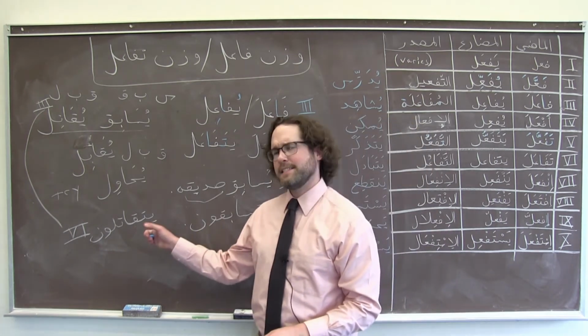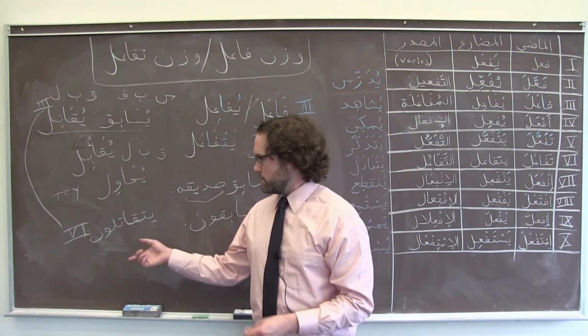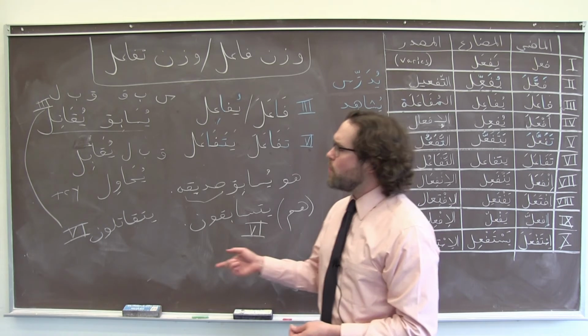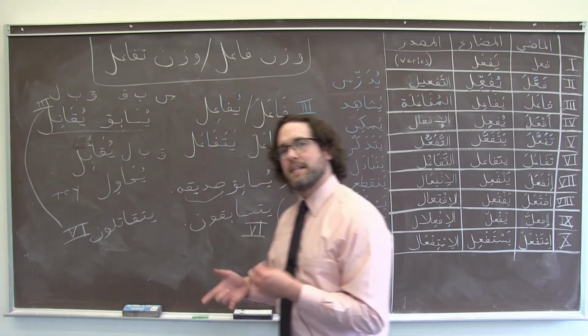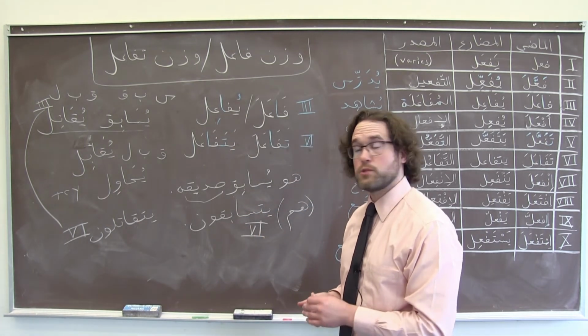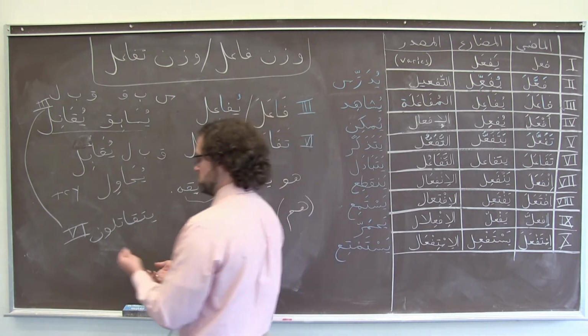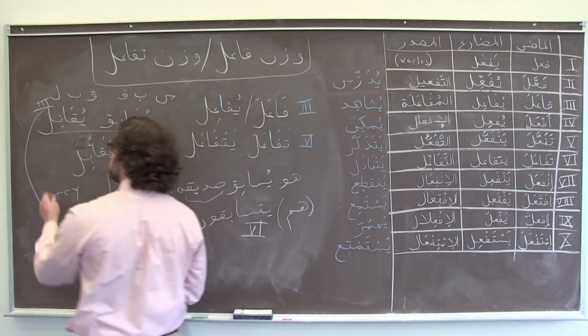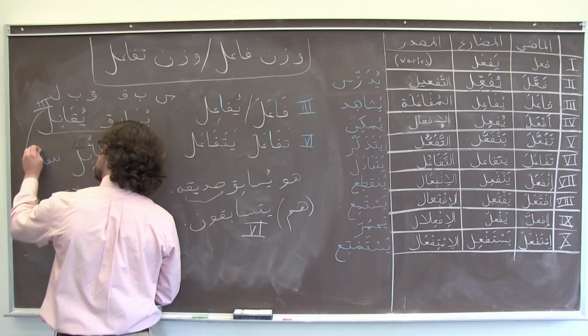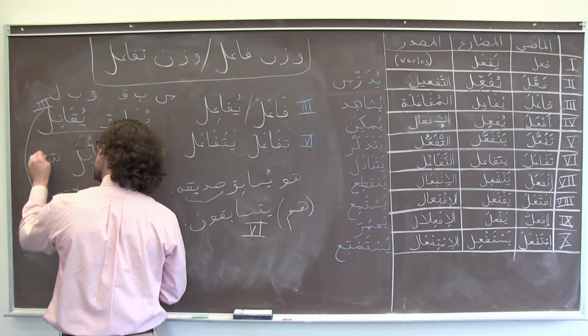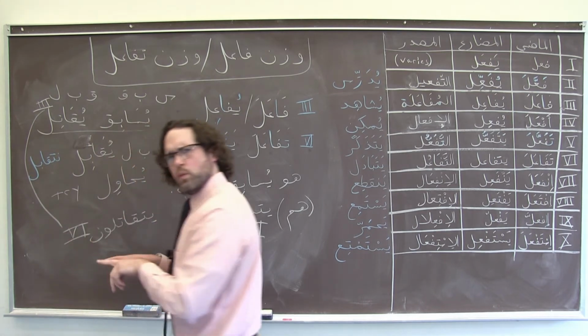You'll notice that in writing and in speaking, you often encounter Form 6 in plural conjugations for this reason. Me and my friend meet up together. نتقابل. We do it together.